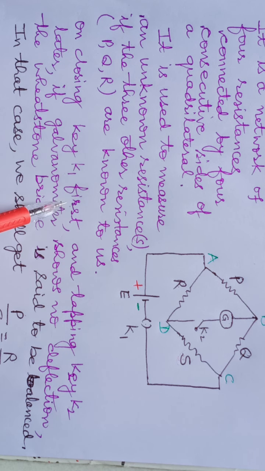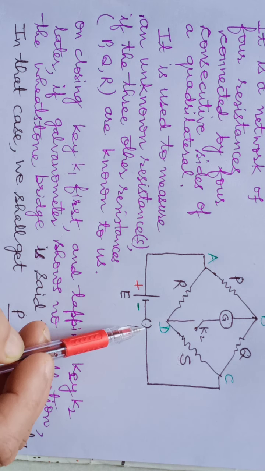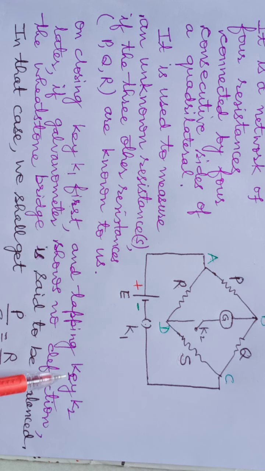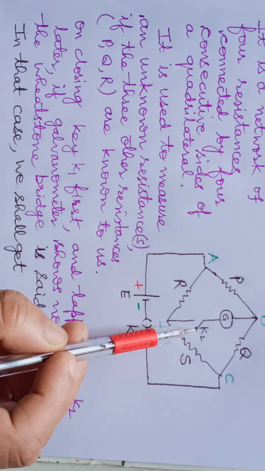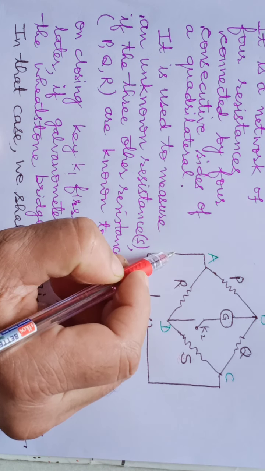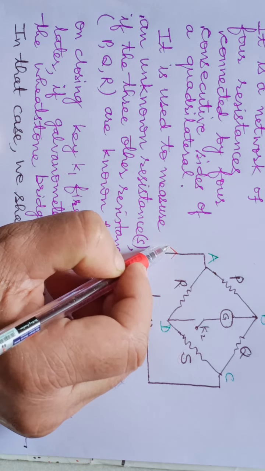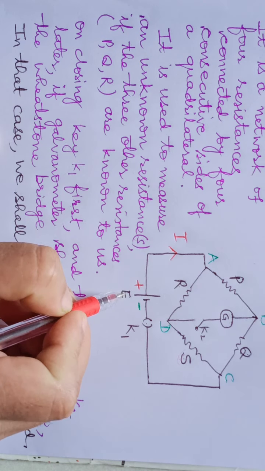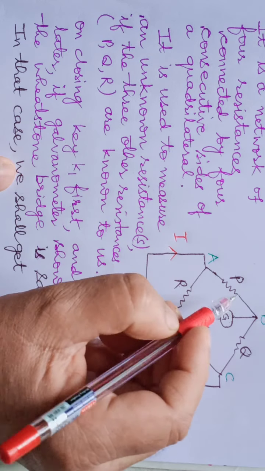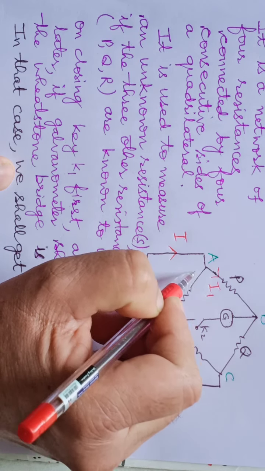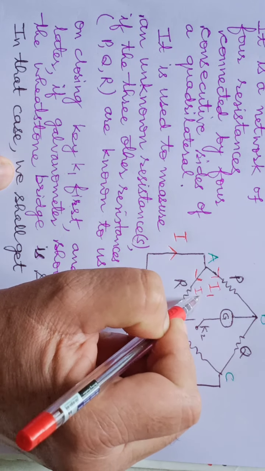On closing key K1 first, this is the key, if we close it, and tapping key K2 later, if the galvanometer shows no deflection, suppose the current supplied by the cell is I, and let it divide into two parts, I1 here, I2 here.